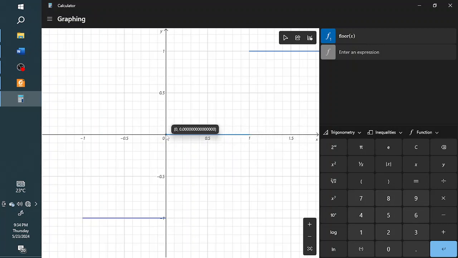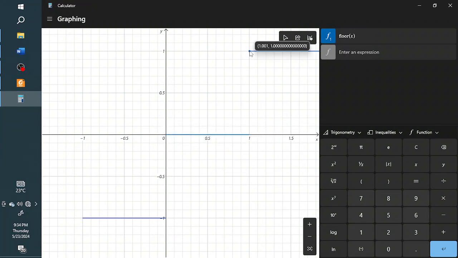That's why you see here a horizontal line on the x-axis, which means that no matter the value of x in this interval, the greatest integer will always give you 0, and if y is 0, then you are on the x-axis.